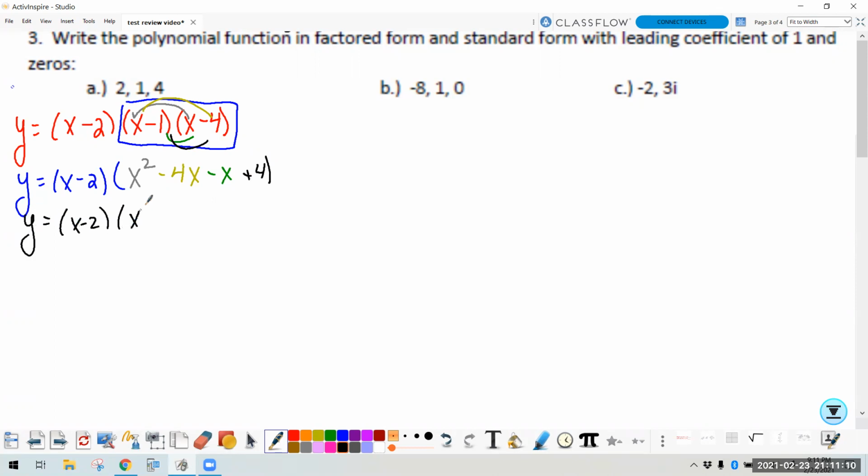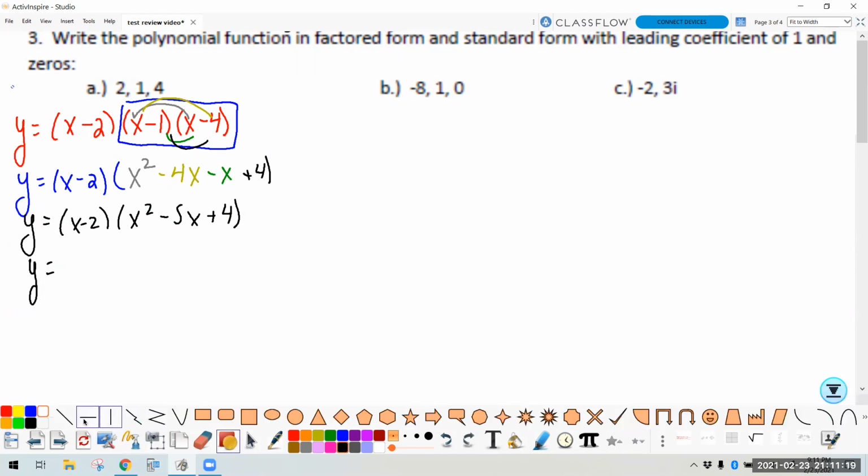I'm going to combine my like terms. And now for my final multiplication, I am going to use box method. I find that it will organize my work better.